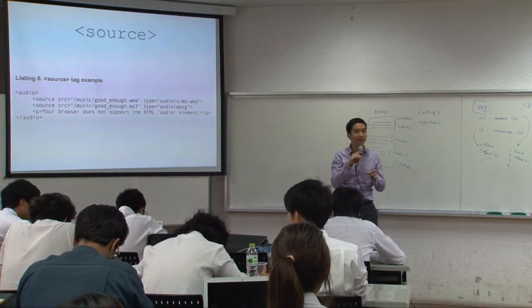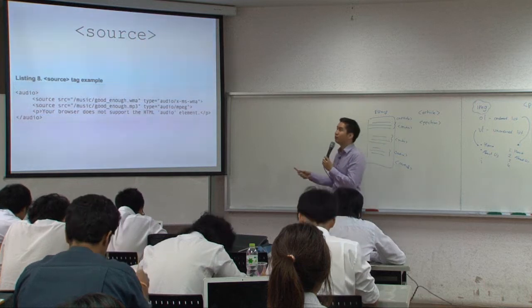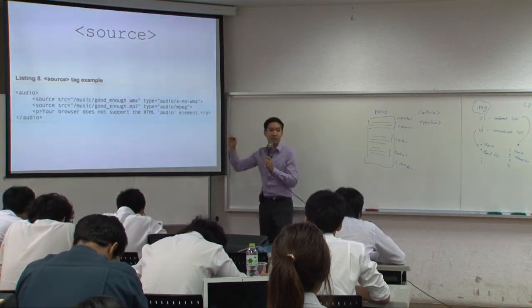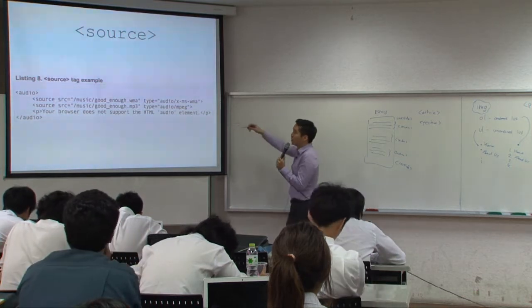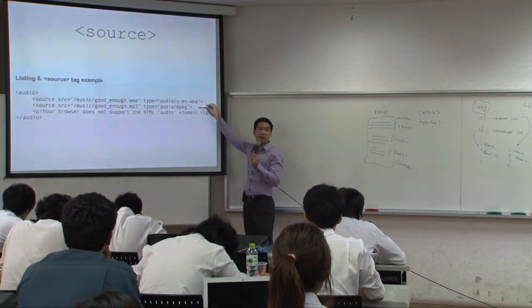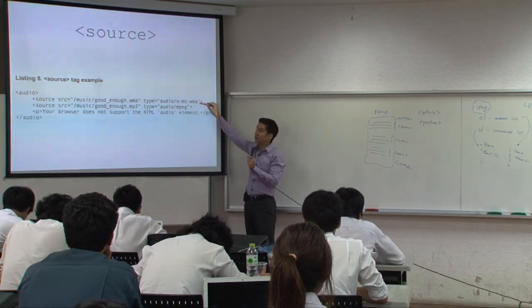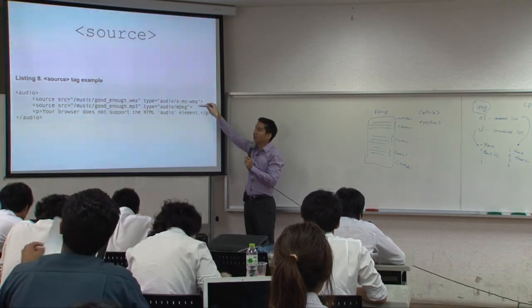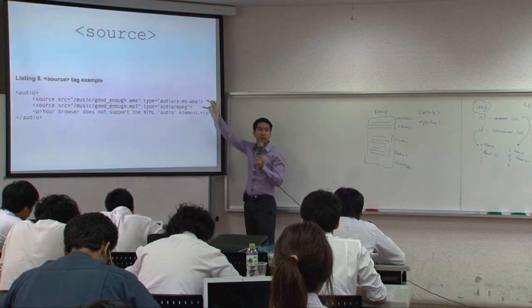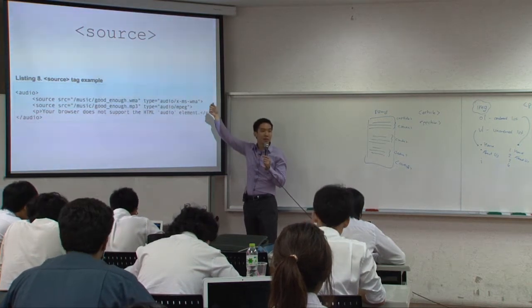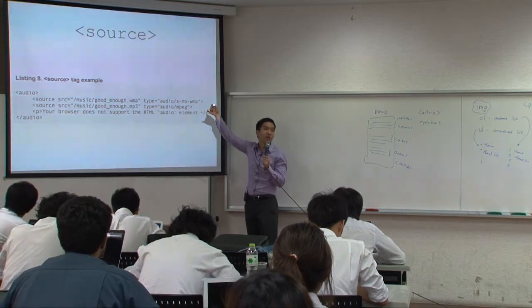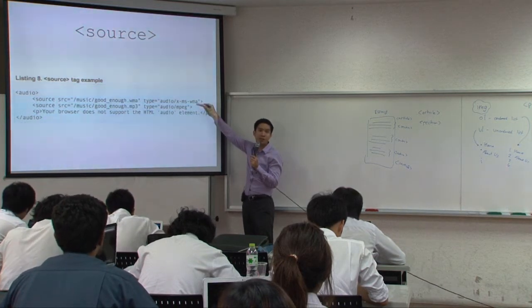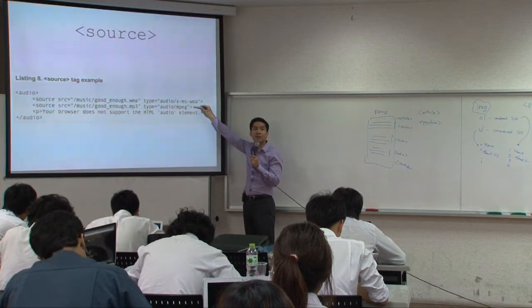How do you do that? Well, you use the source tag to enable that. What this will do is that the browser will go through each of the sources, and then attempt to play WMA. If you're on IE, it will play, but if you're on, let's say, Firefox on OS X, it probably won't play, so it will skip and try the next one.